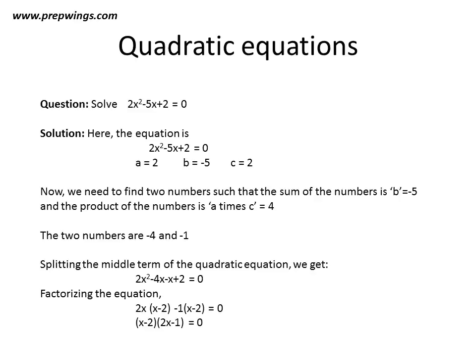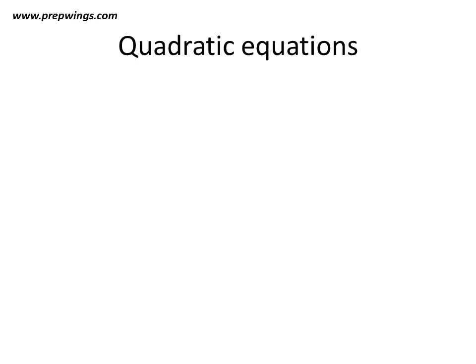So what I get is 2x times x minus 2 minus 1 times x minus 2 equal to 0. Now x minus 2 is again common, so I'll take x minus 2 common out, and what I'm left with is x minus 2 into 2x minus 1 equal to 0. So now we know that this quadratic has been factorized to x minus 2 into 2x minus 1 equal to 0.